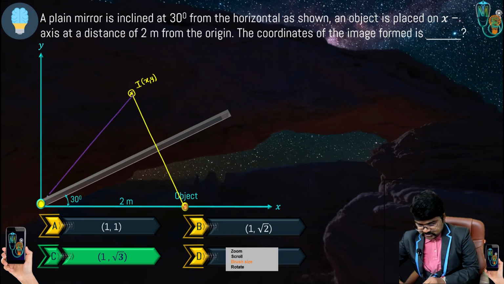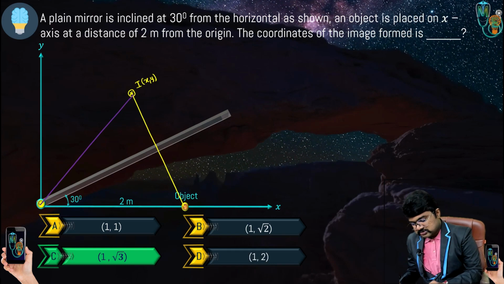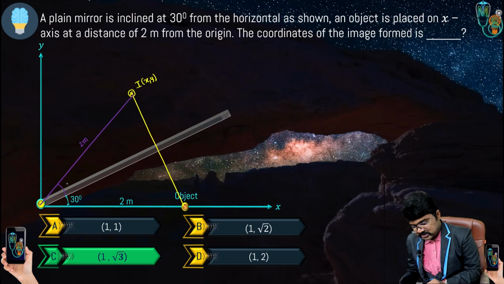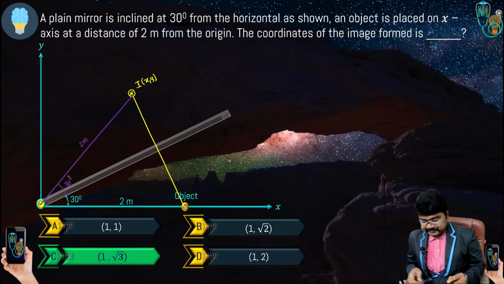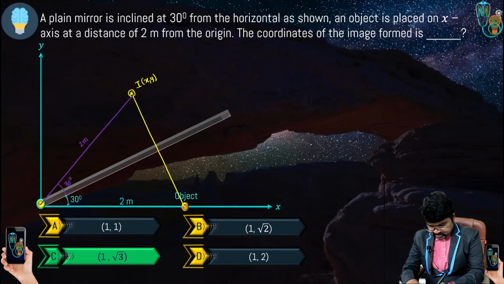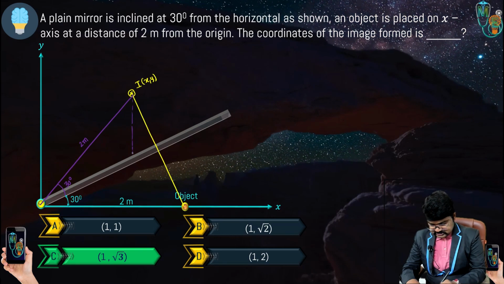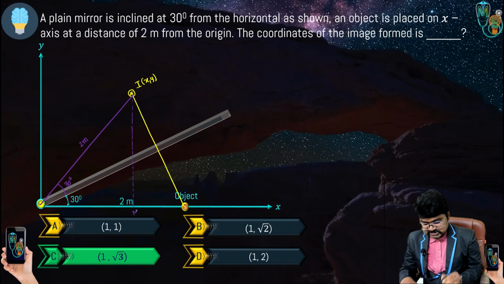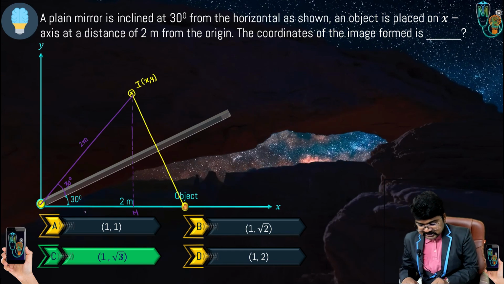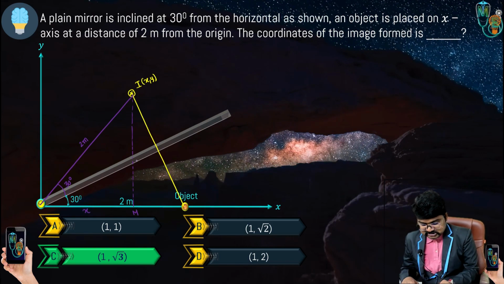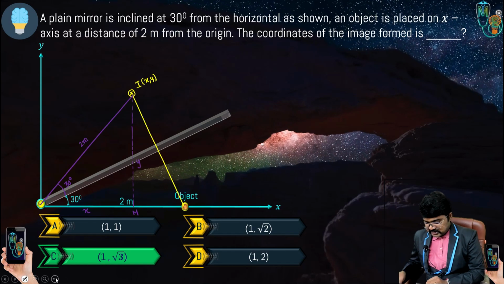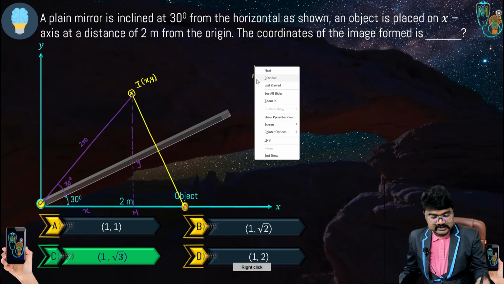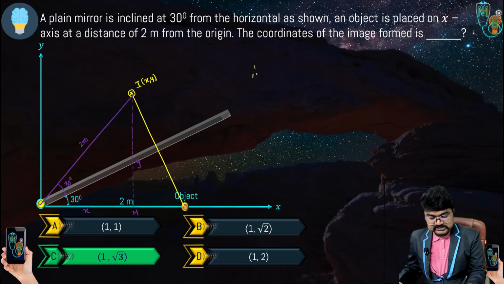So we got this would be 2 meter, and from here to here, 30 degrees. Then we have drawn like this; this would be M. Here this is x and this would be y. So finally, what is the answer to this question?